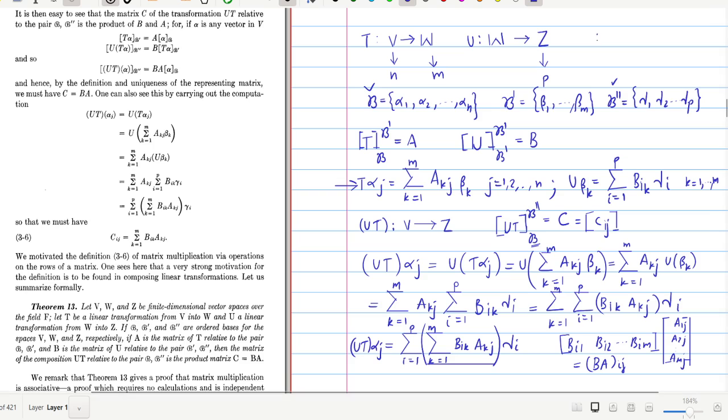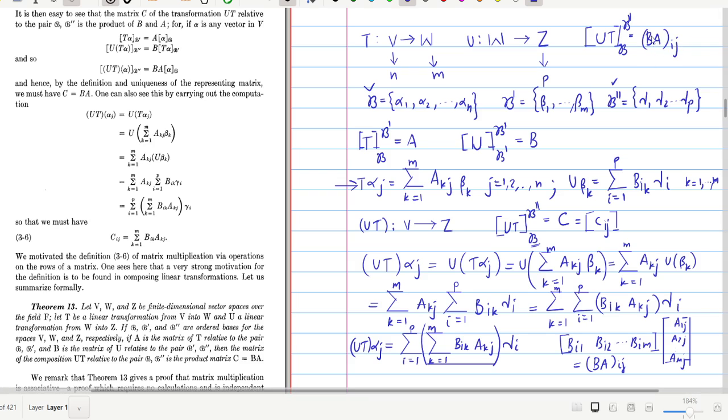So the matrix of ut relative to the basis B double prime has as its jth column the entries coming from this bracket, and the ith entry of that is the ijth entry of the product B times A. This shows that the matrix of ut, denoted by C here, has ijth entry given by the ijth entry of the product BA.